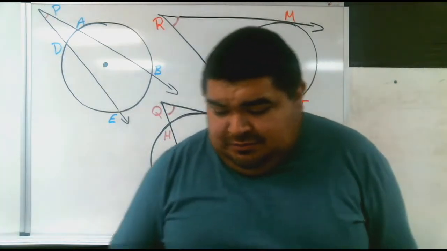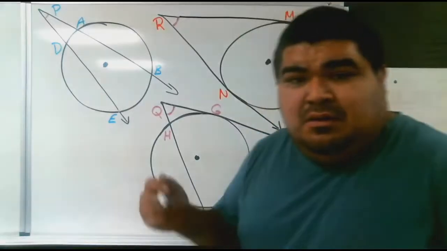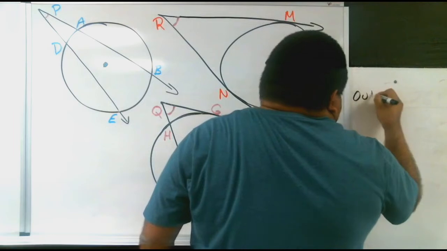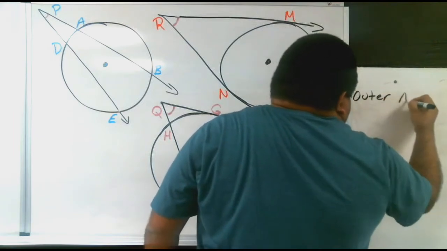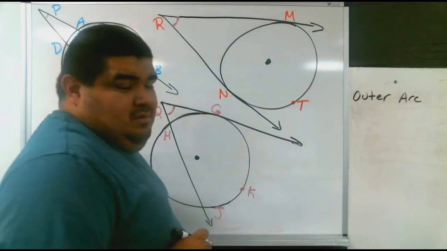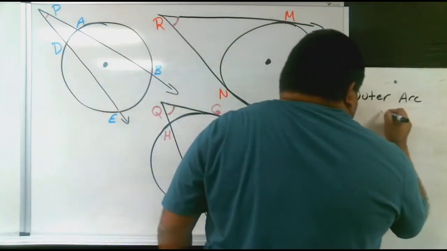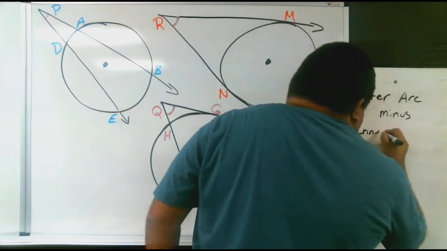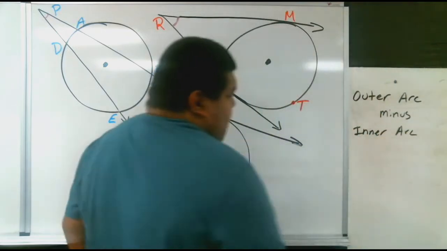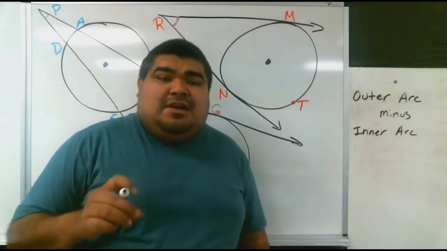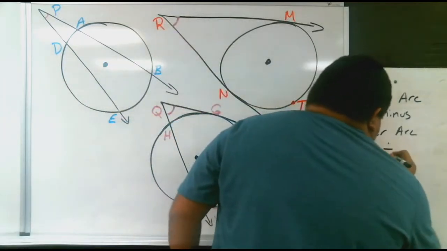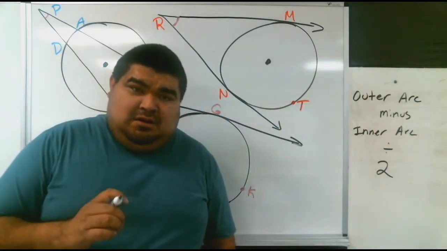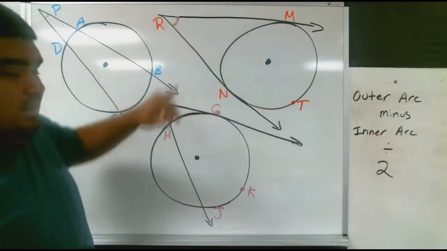The equation is outer arc minus inner arc, divided by 2. That's to find the inner vertex, should I say, in any one of these circles.